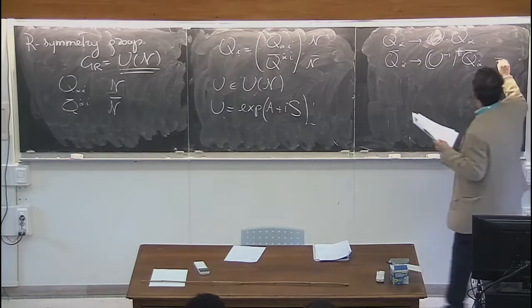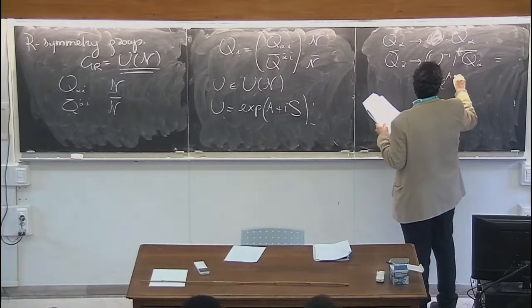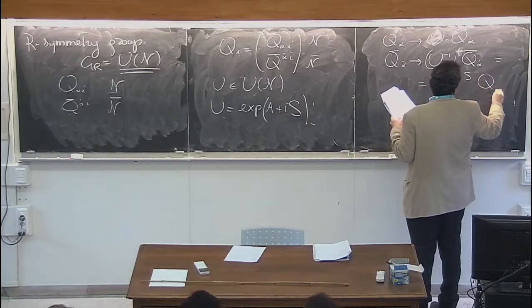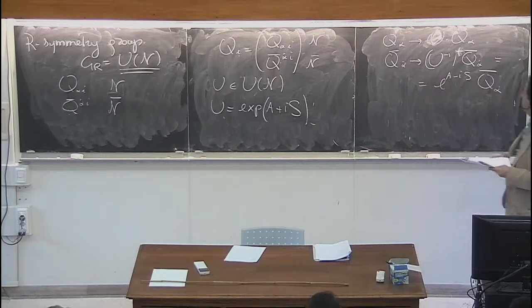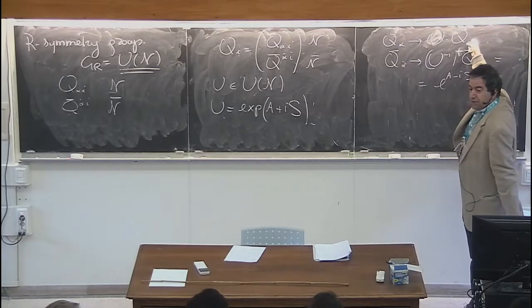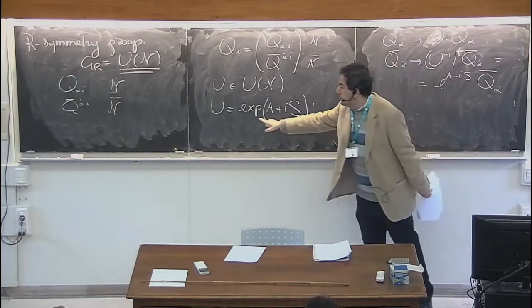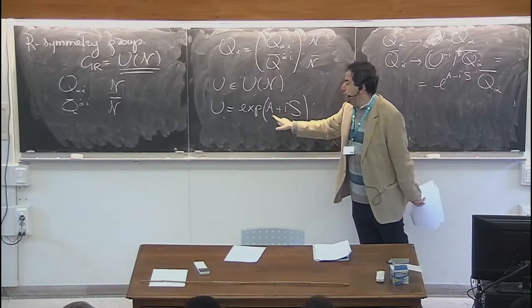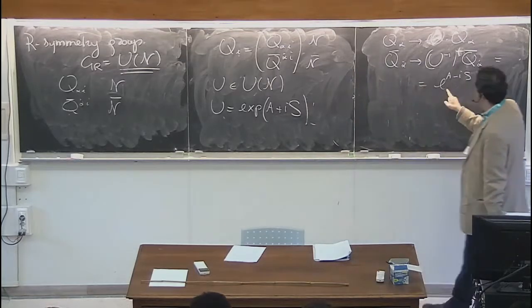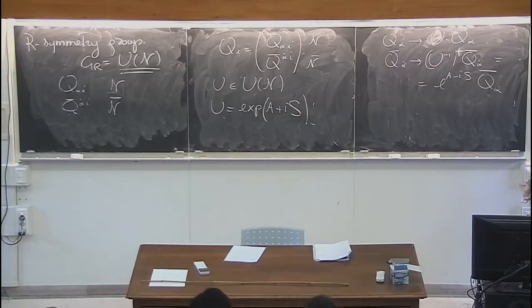But what is this? This is equal to e^(A - iS). So the upper two-spinor transforms with the exponential of A plus iS, the lower with the exponential of A minus iS.